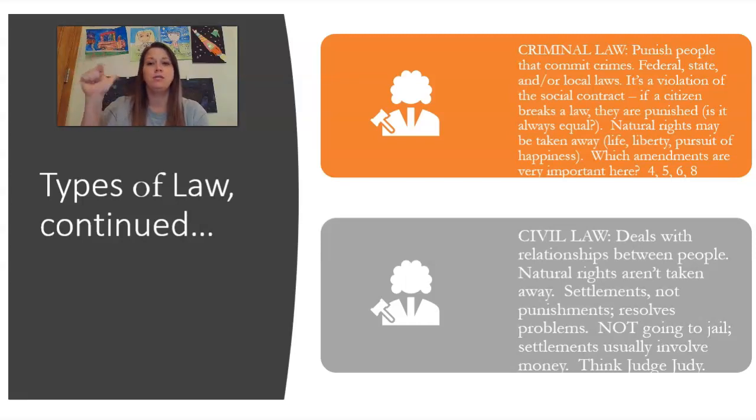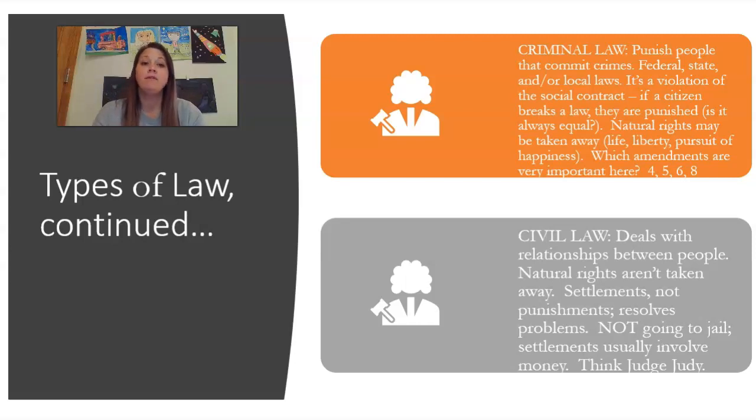Do you remember? Grand jury indictment, double jeopardy, eminent domain, due process, and the right to remain silent. This is due process, where if your natural rights are going to be taken away, life, liberty, and pursuit of happiness, then you have to go through a very specific system of criminal justice in order to have those rights taken away.